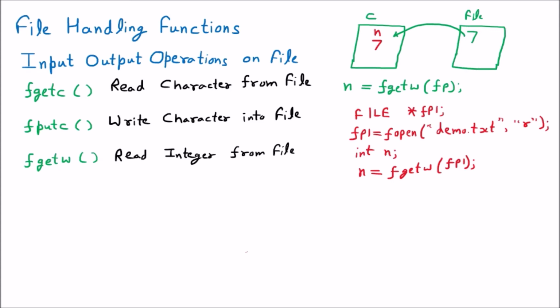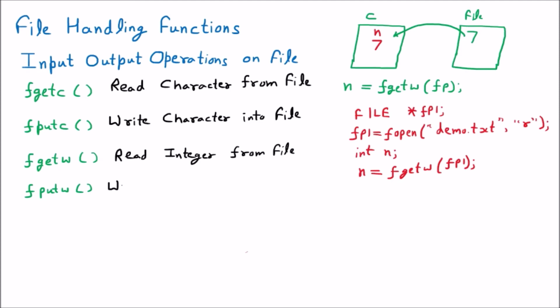Now we are learning the next function, which is fputw. This function is also the same as fputc. In fputc we are writing the character into the file. Here we are writing the integer into the file.